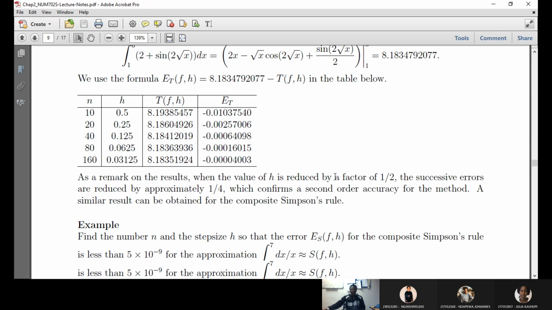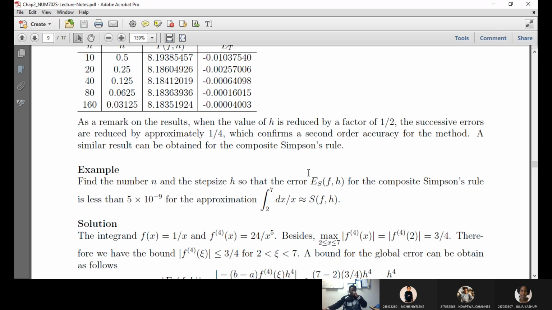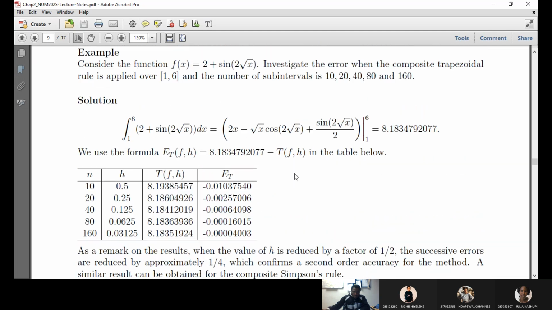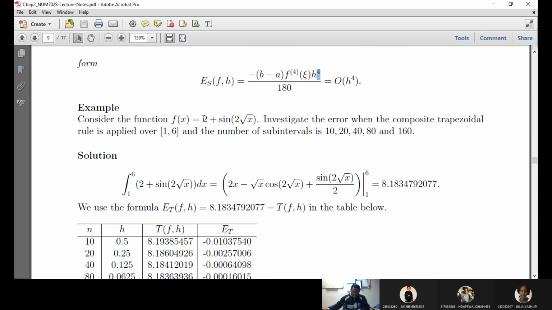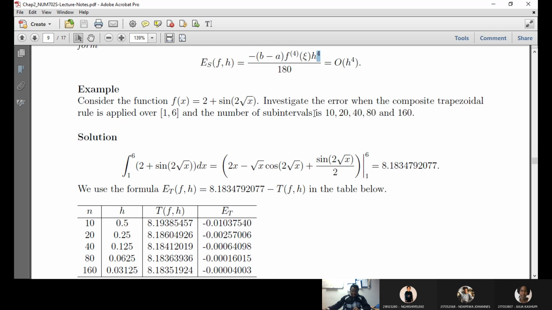Okay, now application. So for the application, this is what we have. The first example, we are using the same function as the one that we used last time. That's the same example. This is our f. We use the same interval, the closed interval from 1 to 6, and we have a certain number of subdivisions: 10, 20, 40, 80, 160.